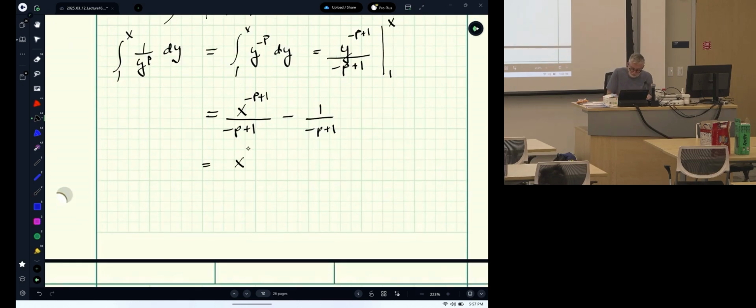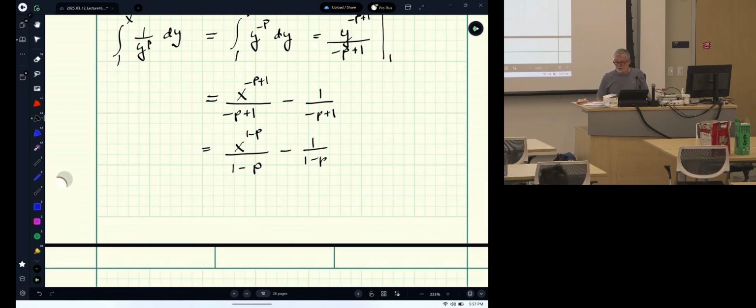Okay, so we get x to the 1 minus p over 1 minus p, minus 1 over 1 minus p.